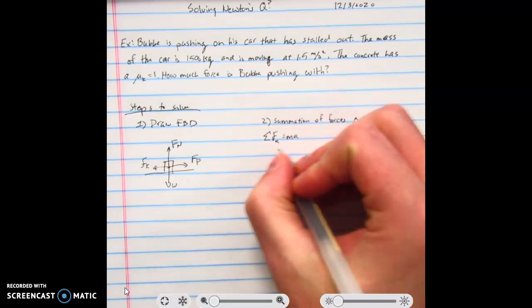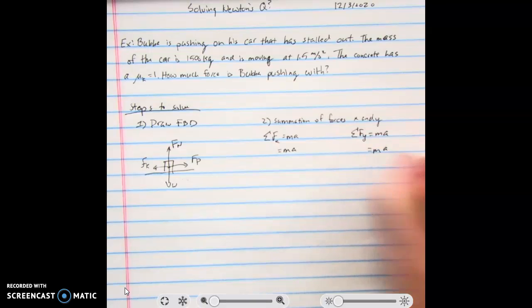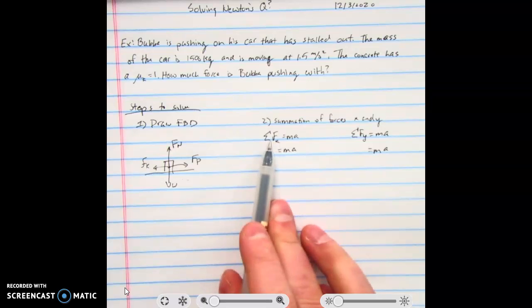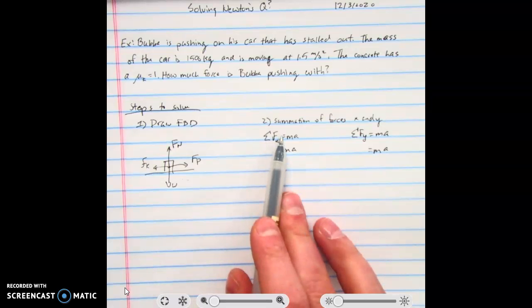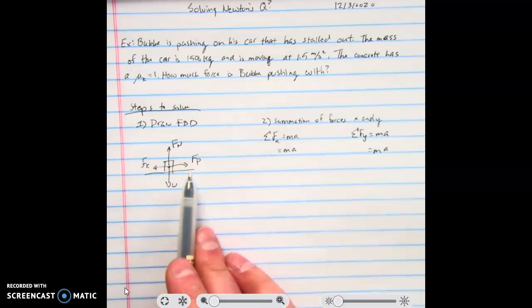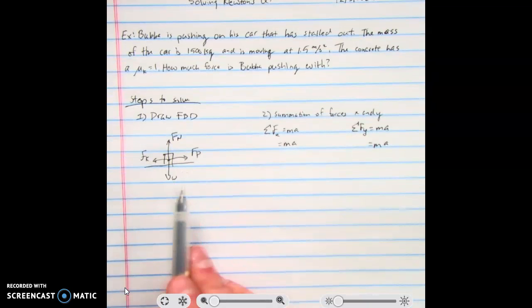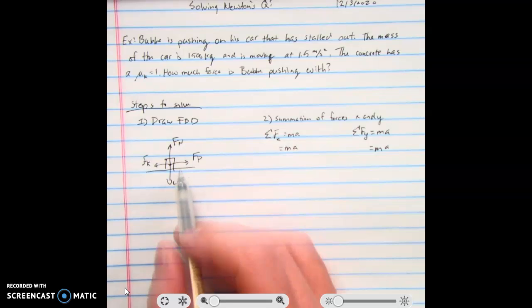So to do this, I'm going to leave this MA part alone for right now. Let's focus on this. What are all the forces in the X-axis? Let's put it into an algebraic form. Basically, in my free body diagram, I have forces acting in the X, I have forces acting in the Y. Let's put that into equation form. Force pushes off to the right, so that's a positive.